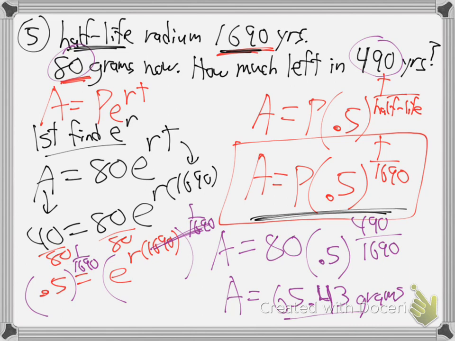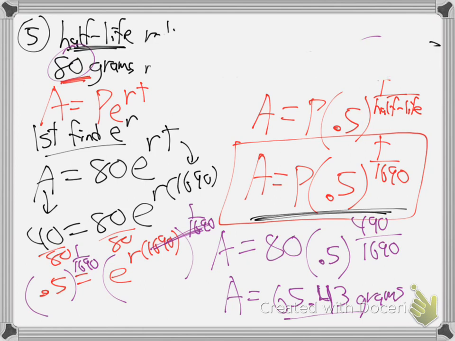I'm kind of running out of room here, so let me just come up here. Whoops, I erased the t. So then the formula, A equals 80e, or just P, I'll just put P, e to the rt. So now this is P times e to the r. What's e to the r?